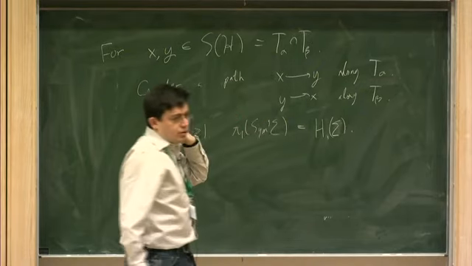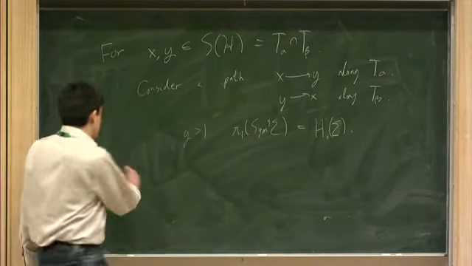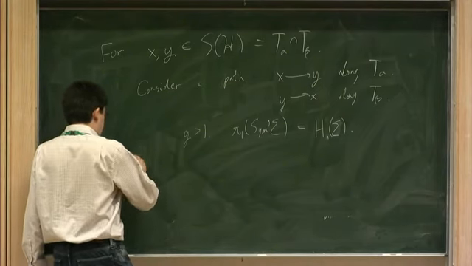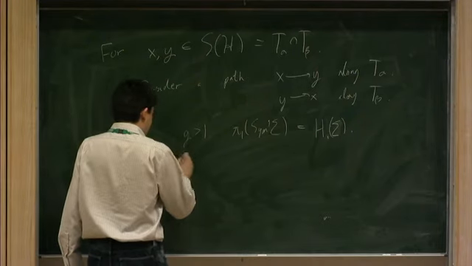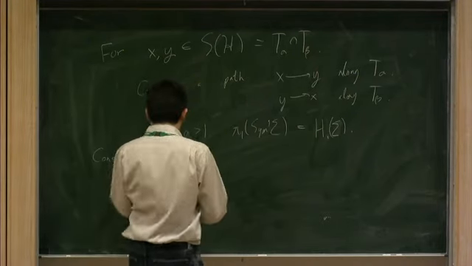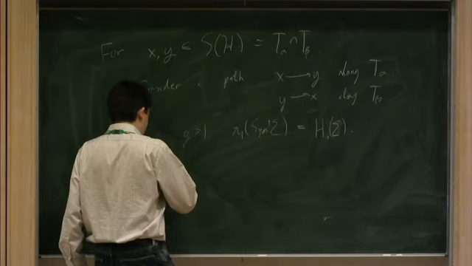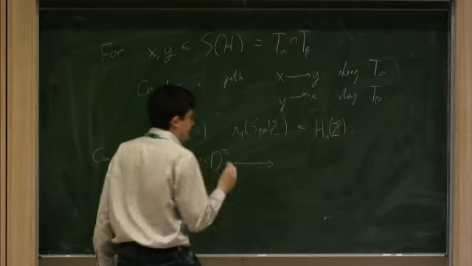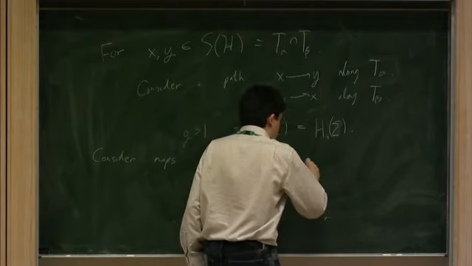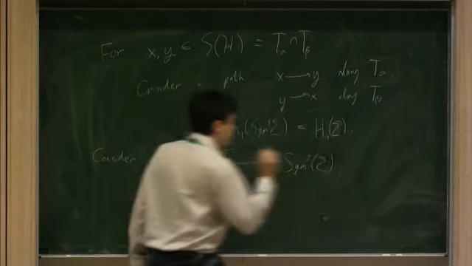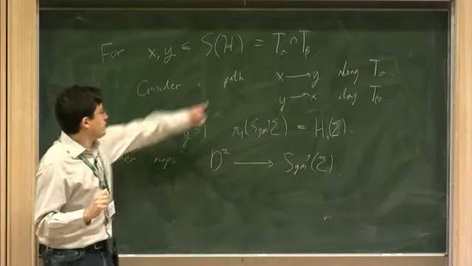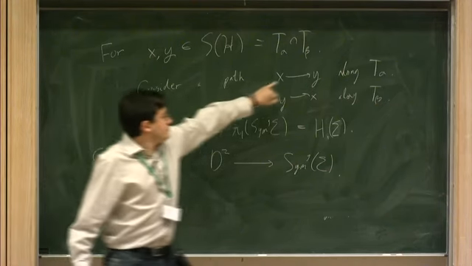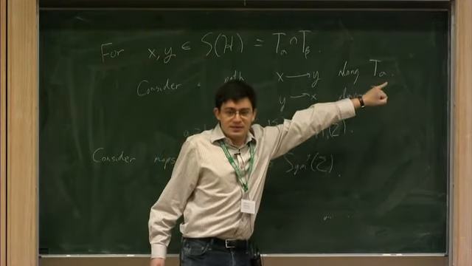Now, if that loop represents a trivial class, then what can I do? I want to think about disks. So we're going to consider maps from D^2 into Sym^g Sigma whose boundaries map to this kind of loop.